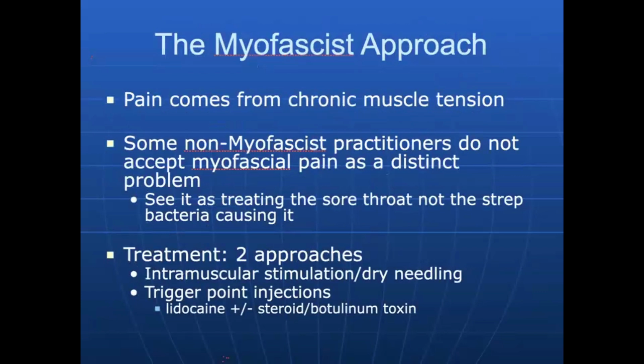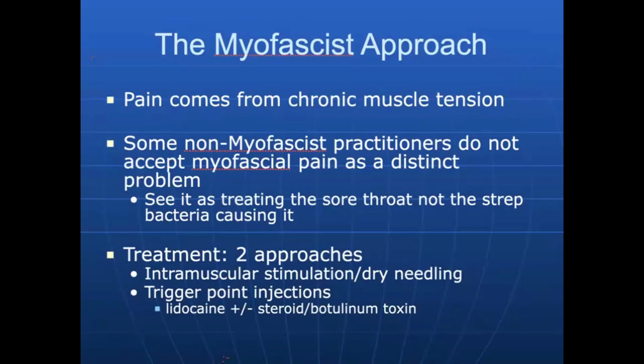So if you start with the most conservative approach, that would be the myofascist approach. Once again, that's under the idea that the pain is coming from chronic muscle tension. Now, I can tell you a lot of people don't accept myofascial pain as a distinct problem. In other words, they think, well, the muscles can be tight, but usually that's because it's driven by something else.